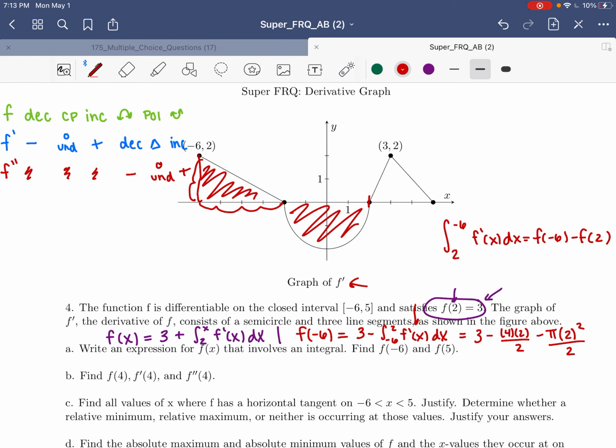It's half a circle, so we divide it by 2. Now I could really just leave it like that. I don't even have to simplify, but it's not that hard to simplify. It really should equal 3 minus 4, which is -1, minus, that becomes 4 divided by 2, which is just 2 pi.